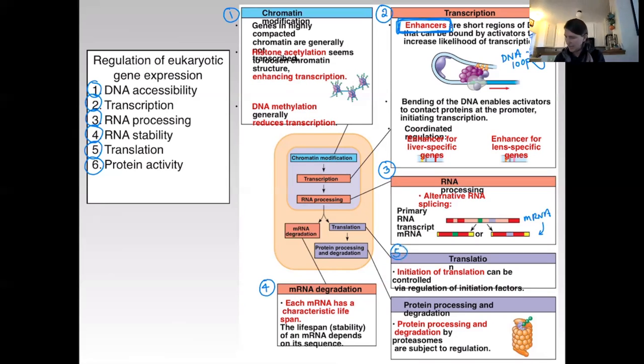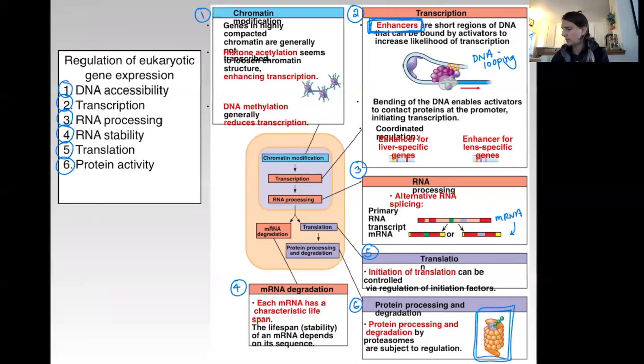Five, translation. So initiation of translation can be controlled. We're not going to talk too much about that. And then six is that proteins also have kind of a half-life, meaning proteins can also be degraded in the cytoplasm. And they do it through this cool organelle called the proteasome, which is like the garbage disposal. Proteins go in and all those amino acids can be recycled.